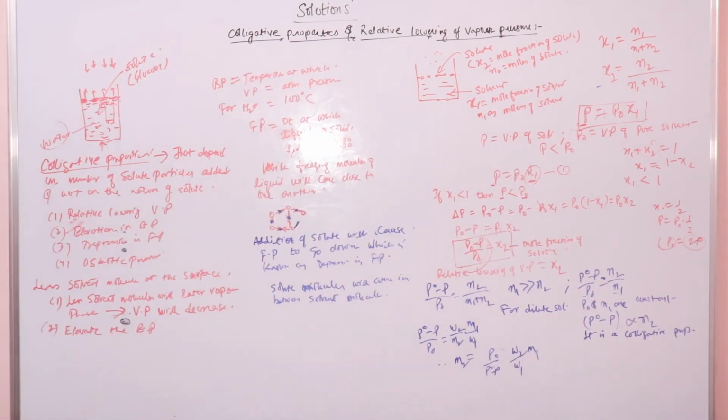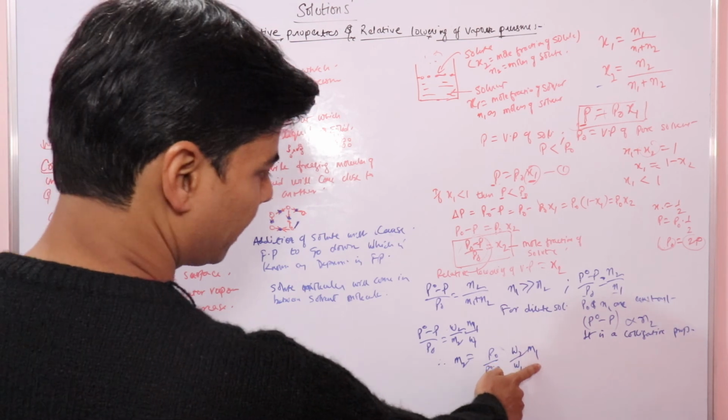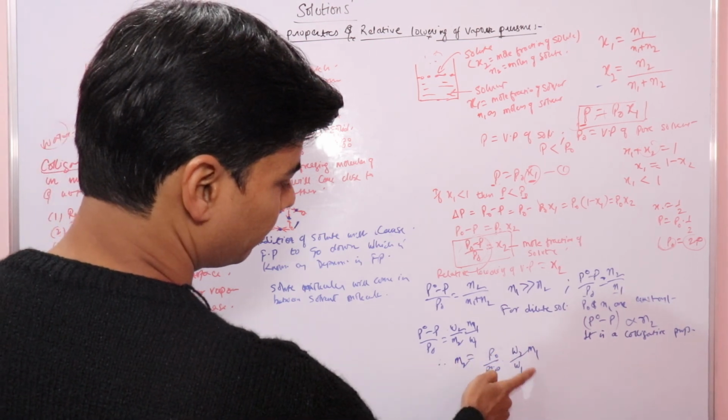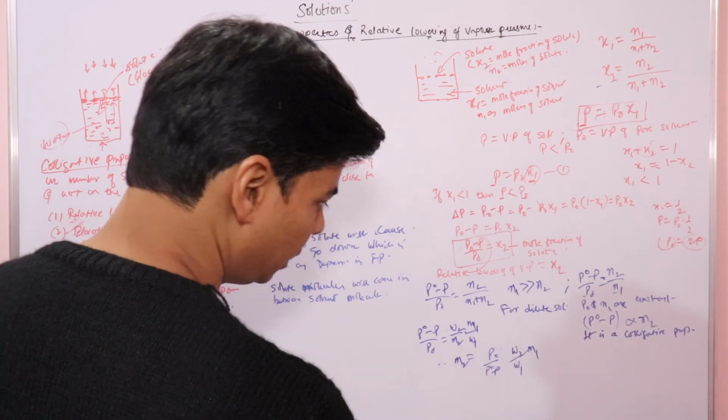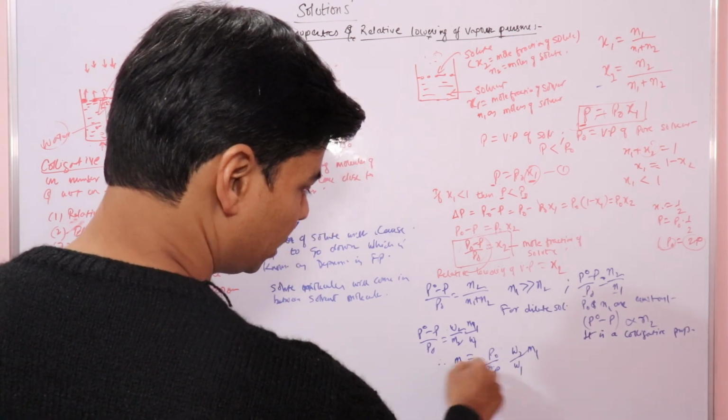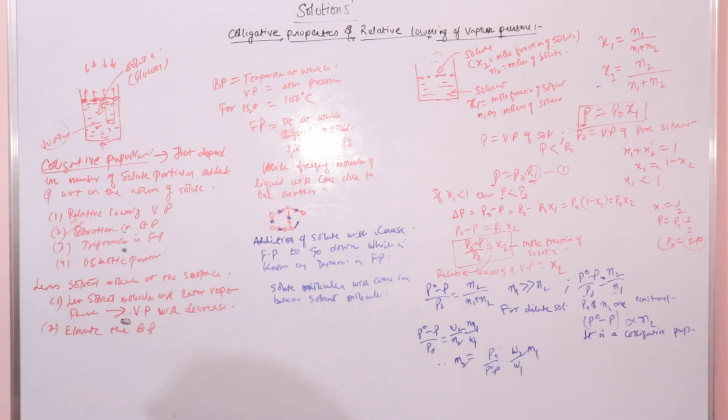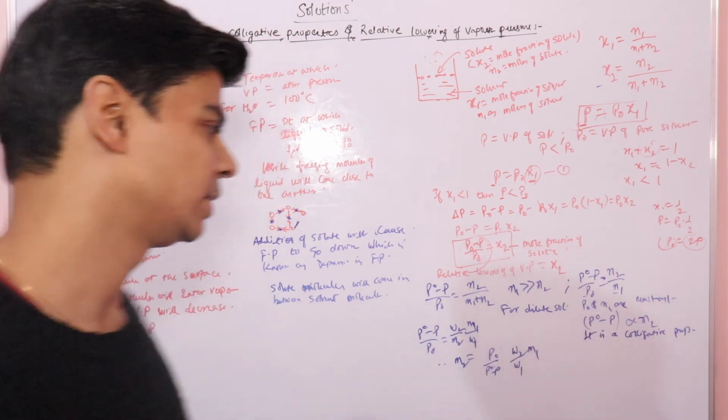So if you know the molecular weight of the solvent, the weight of solvent and the weight of solute, you can calculate the molecular weight of the solute that is added and which resulted in the lowering of vapor pressure, right?